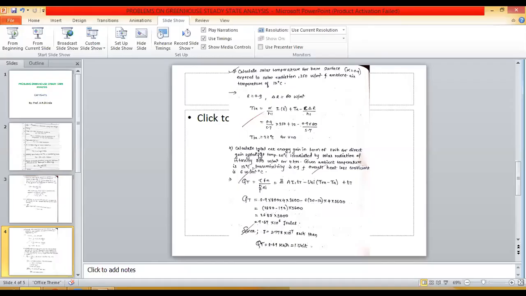Then the next: calculate solar temperature for bare surface, with alpha equal to 0.4, exposed to solar radiation 350 watt per meter square and ambient air temperature of 12 degrees Celsius. Epsilon is equal to 0.9, delta R is equal to 60 watt per meter square.